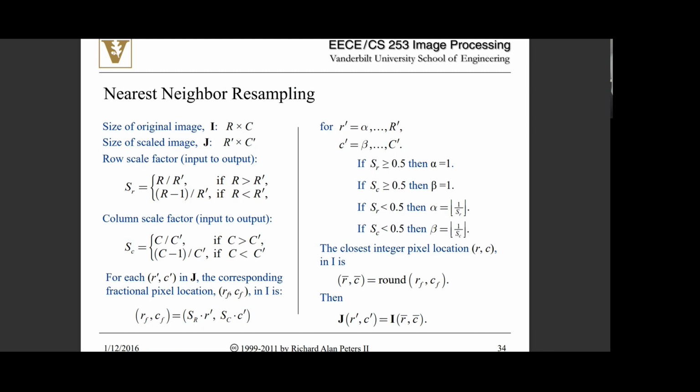So we have the scaling factors, we have the matrix multiplication. You start at the coordinate from the J image, R prime, C prime, you multiply by your matrix, and then you have the fractional coordinate from which you have to copy that value.